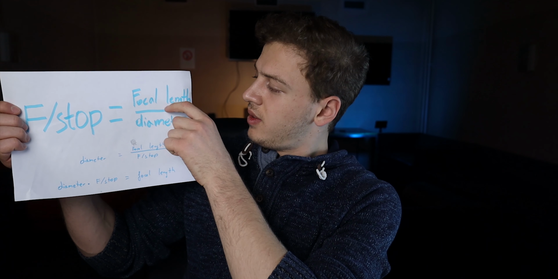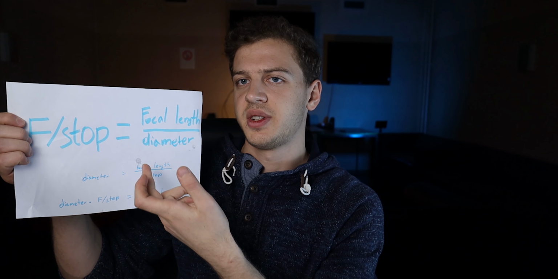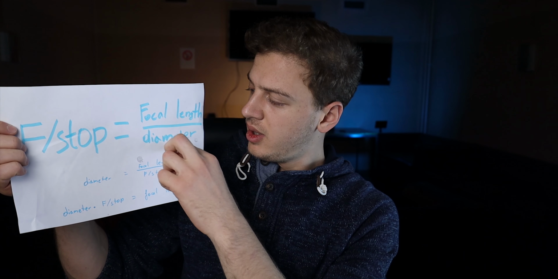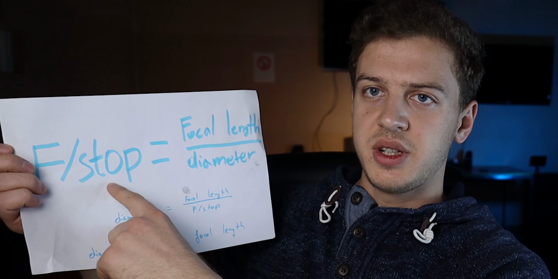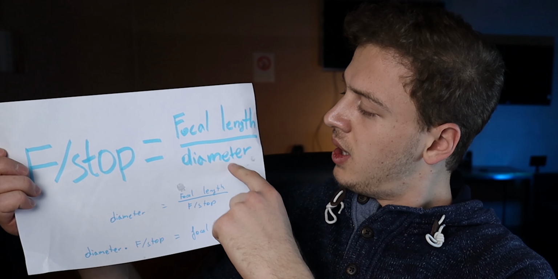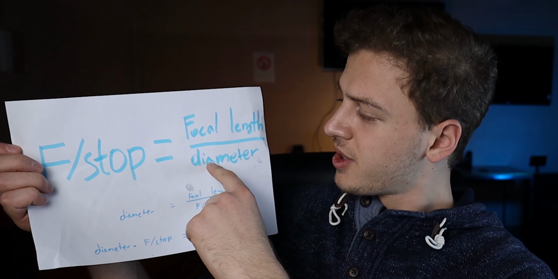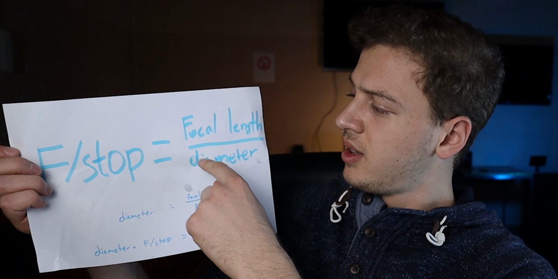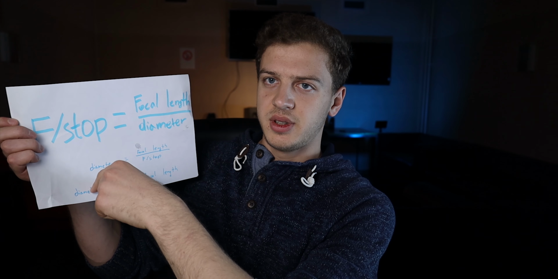Now, to come back to the formula, if we take the focal length as unchanged, because when we are changing the aperture we're not changing the focal length as well, only the diameter is affected. Since this is the unit that we measure the aperture with, if we change the diameter here and make it larger, so if we increase the aperture and let more light in, and this stays unchanged, the f-stop number becomes smaller.